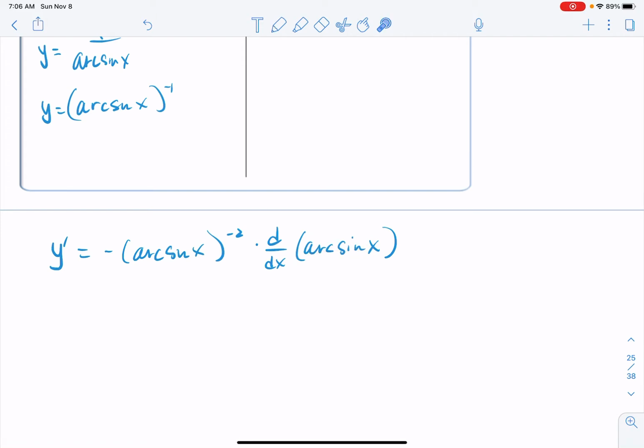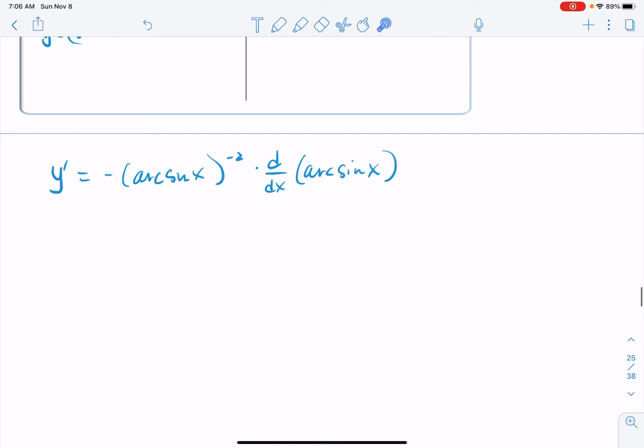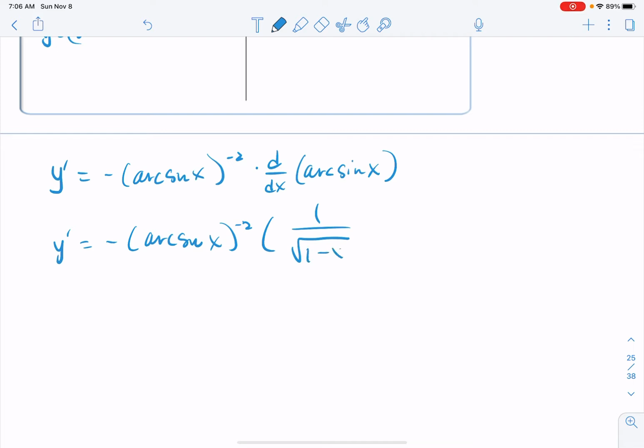The derivative of arc sine is 1 over the square root of 1 minus x squared. Okay, so let's just rewrite stuff. Y prime is equal to negative arc sine x to the -2 power, and then multiply it times 1 over the square root of 1 minus x squared.